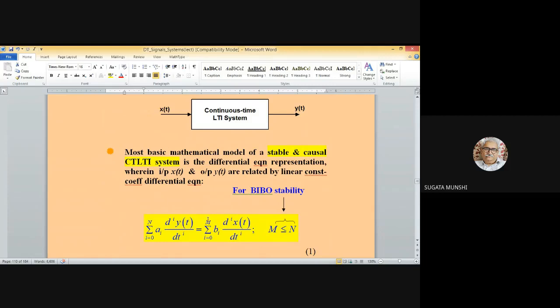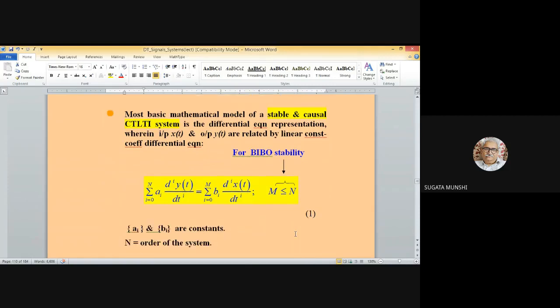Here, the highest order of the derivative on the right hand side is capital M, and on the left hand side, the highest order of the derivative of yt is capital N. For BIBO stability of the system, M has to be less than or equal to capital N. AI, BI, these are the constants. That's why we call it a constant coefficient differential equation. Capital N gives the order of the system.